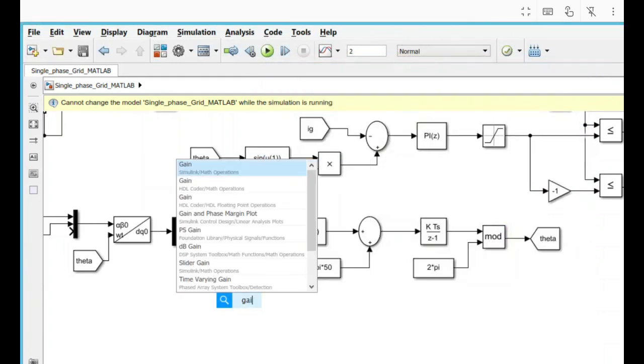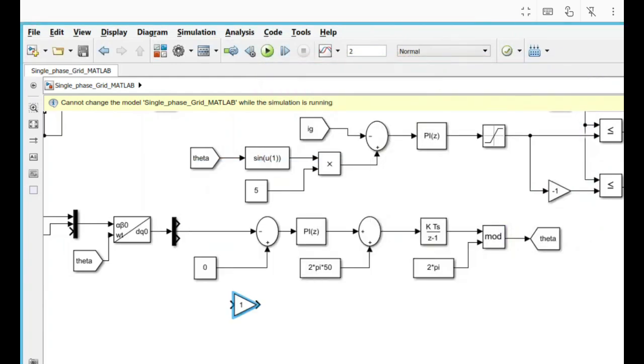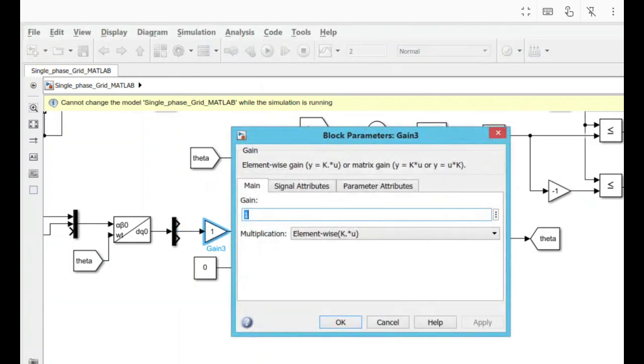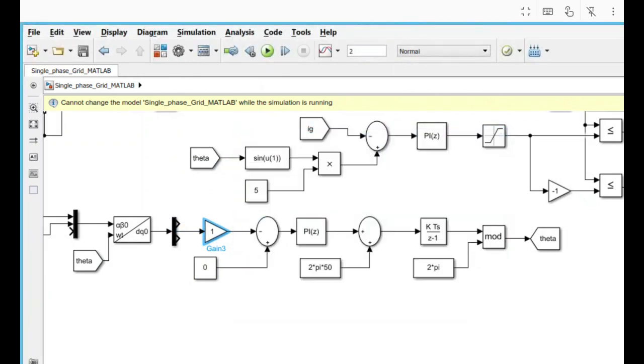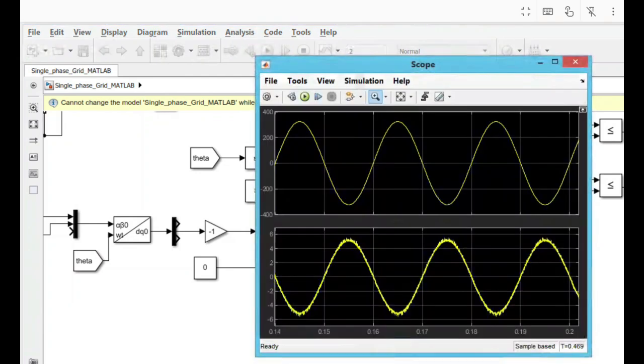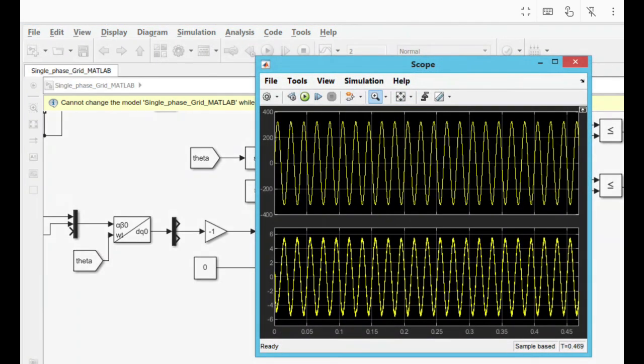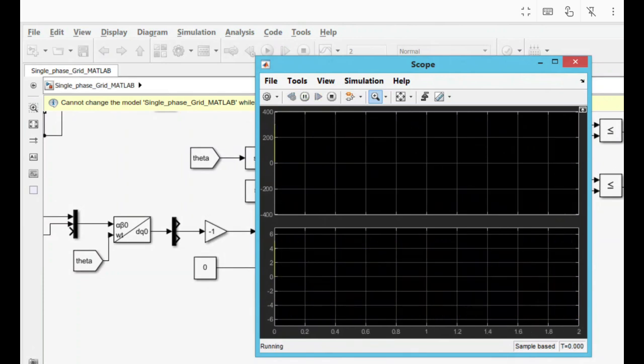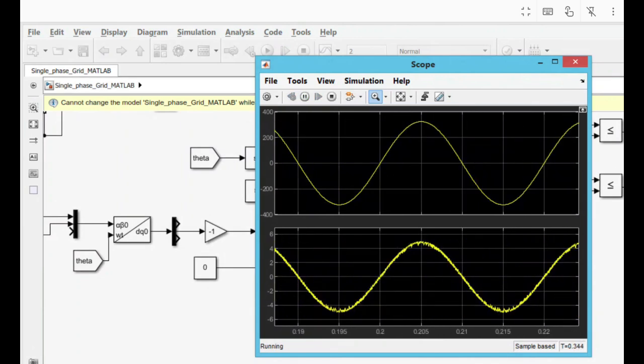In the parallel part, we put a gain of -1. Once you run it, you will be able to see that the voltage and the current are in the same phase. Now you can see that voltage and current are in the same phase.